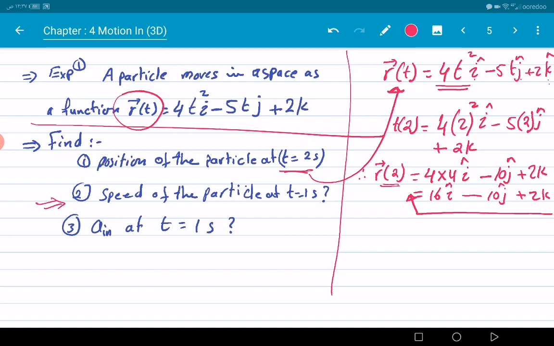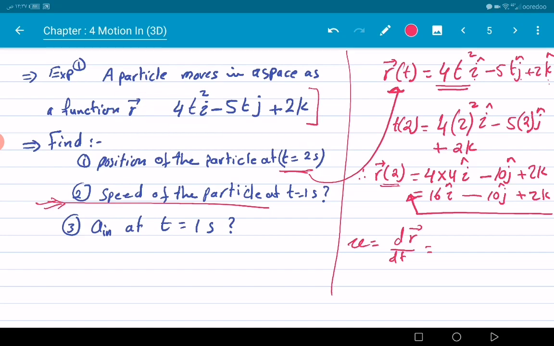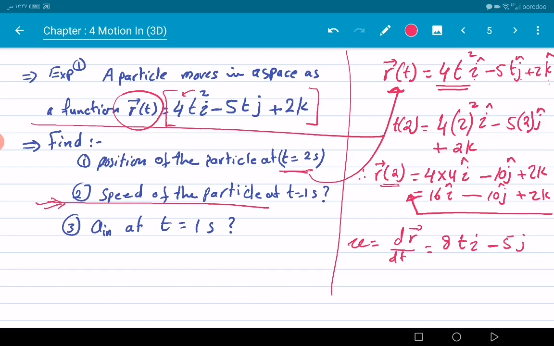Then v is equal to dr divided by dt, the first derivative. So I take the first derivative of this equation, which is equal to 8t i hat minus 5j, there is no t.